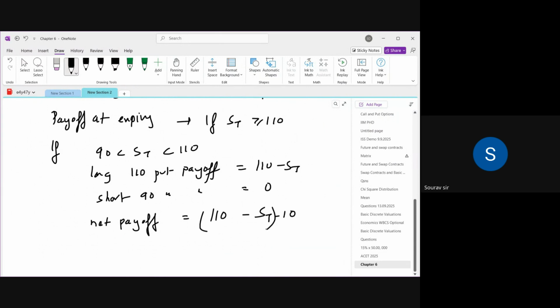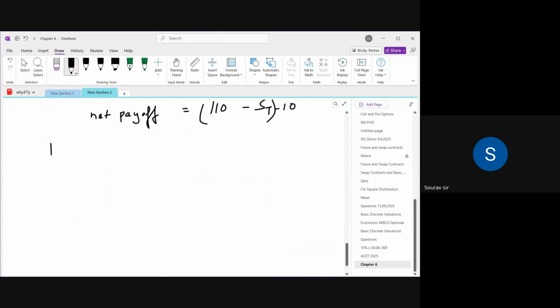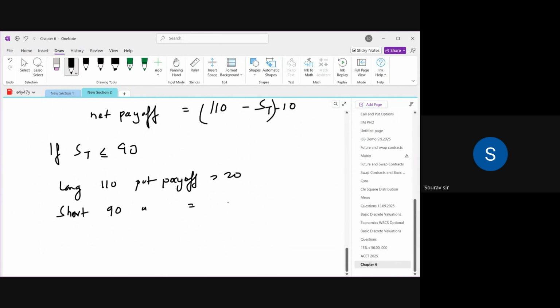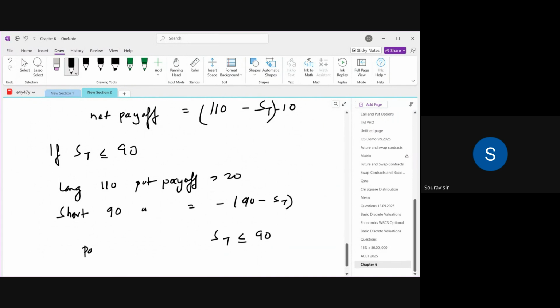And if ST is less than or equal to 90, the long 110 put payoff is 20, and short 90 is minus (90 minus ST). But since ST is less than or equal to 90, the payoff difference is how much? 20.